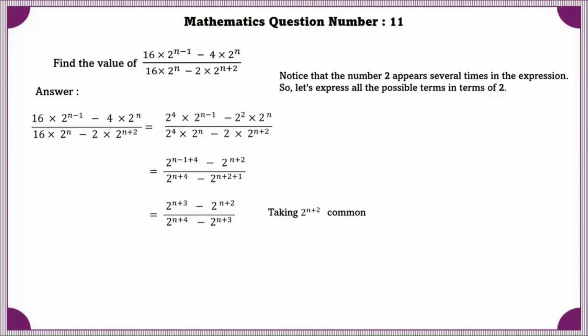Now, since the terms are separated by minus, we cannot directly cancel. So, we are taking 2 to the power n plus 2 as common. And then after simplification, we will get the answer as 1 by 2. Remember this key concept while solving exponents.